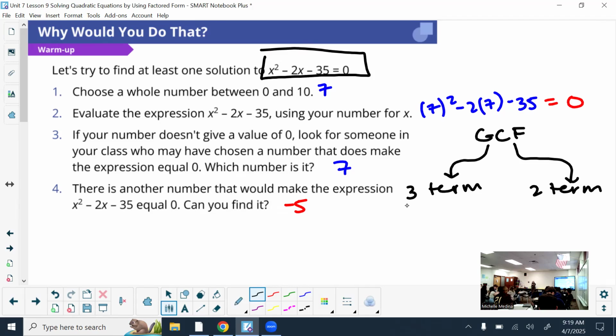How can I put the standard form back into factored form? How did we learn how to factor this last week? The diamond method, the one with the X. That's the one where we set it up where it's A times C on top, B on the bottom.